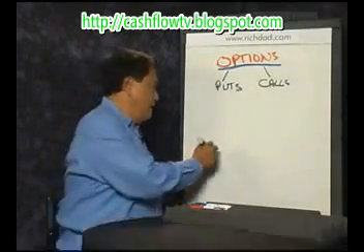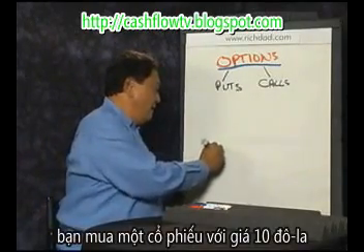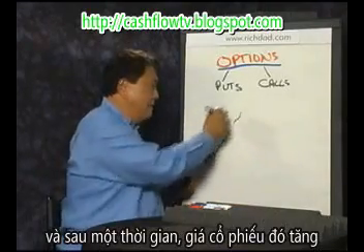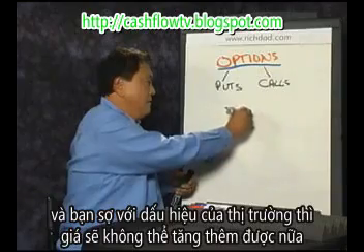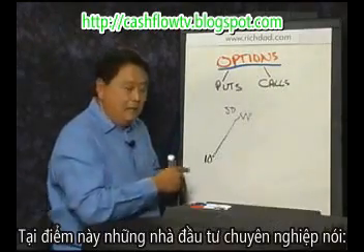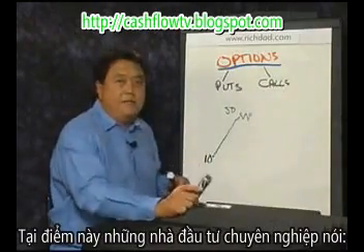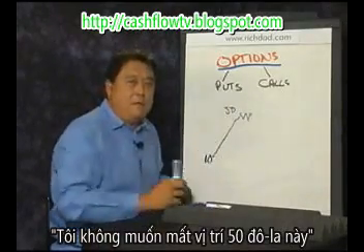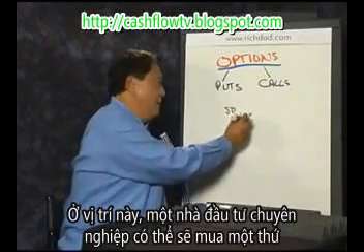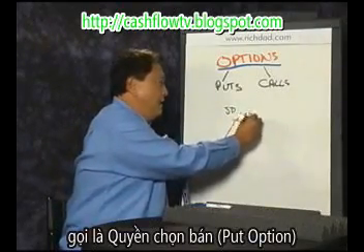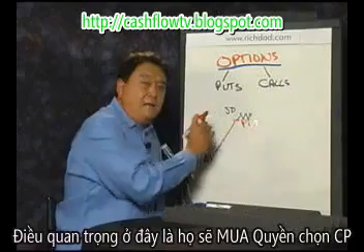So let's just say you buy a stock at $10 and over time the stock goes up, and let's say it's $50, and now you're afraid the market's starting to look like it can't go any higher. At this point, a professional investor says, I don't want to lose my $50 position. So a professional investor may buy what's called a put option. The key word is that they will buy this option.